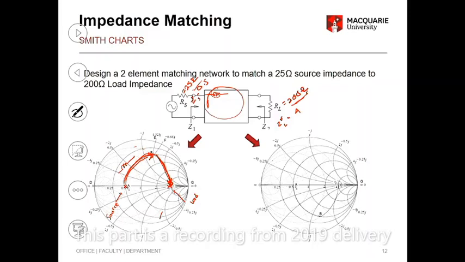I didn't really understand it when I was learning this initially. You have to read up on it, but someone has to tell you this stuff, right? And that's me. So that's a shunt capacitor.